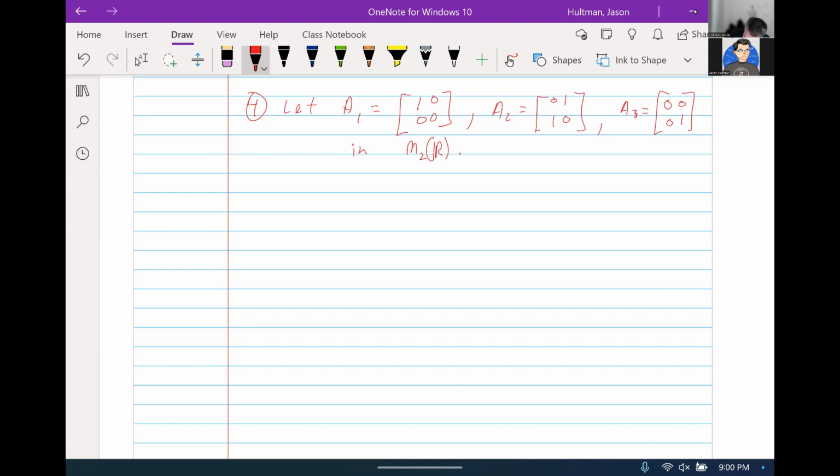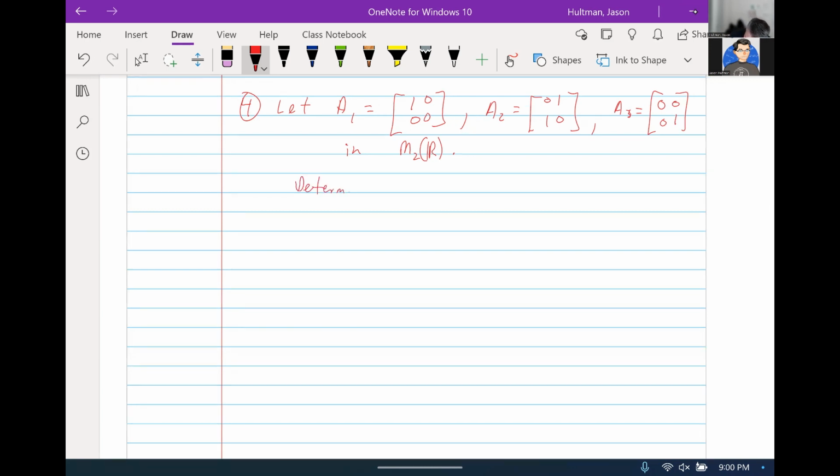Okay, so we want to determine the span of A1, A2, A3. Okay, so what is this span? What are these vectors?